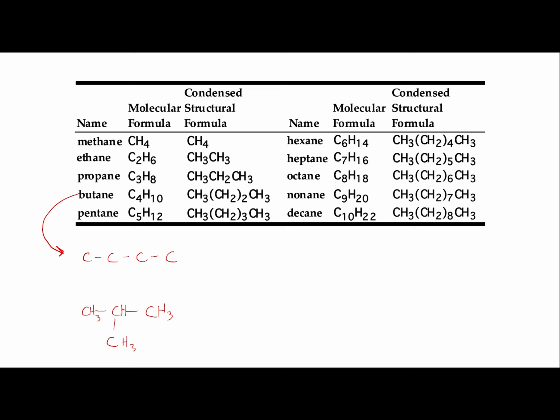And so what we would call these 2 compounds are constitutional isomers. So a constitutional isomer is a compound that has the same molecular formula, but a different structural formula.